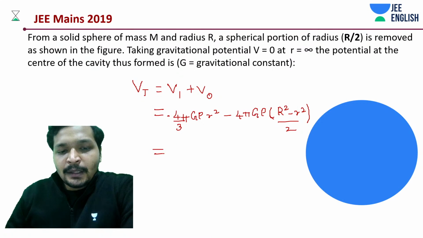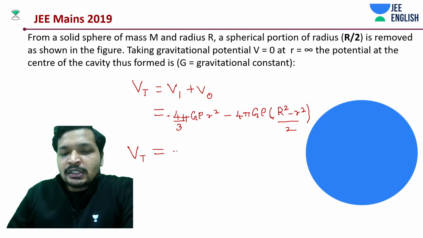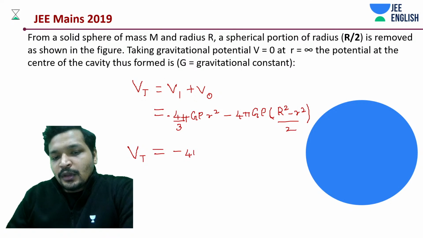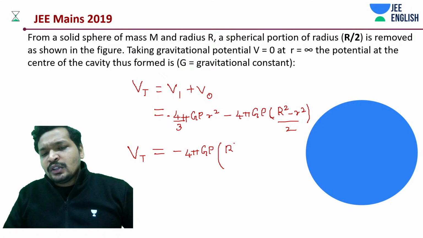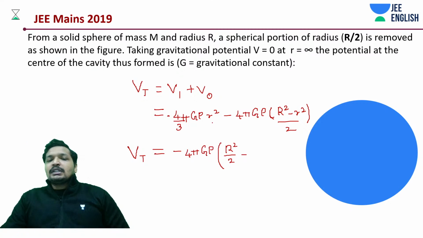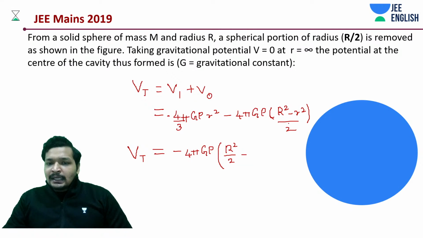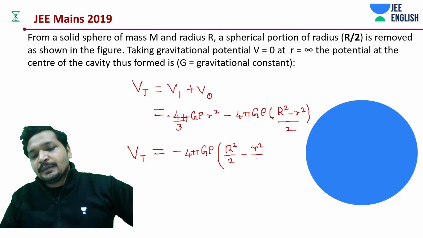It's very simple. Taking you from the density approach, if density is a function, you will be substituting the density the moment you start to integrate it. So we can take out minus 4 pi rho as common, and what do we have inside? We have something like r square by 2 minus, so it's actually r square by 3 minus r square by 2. So that comes down to r square by 6. Let's redo that.